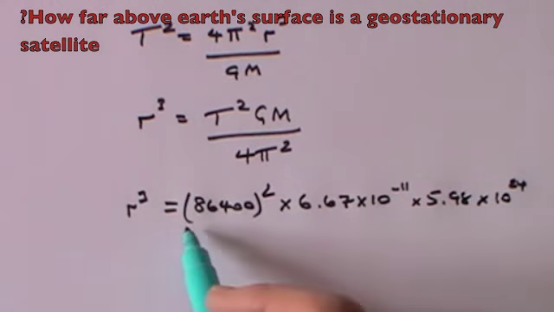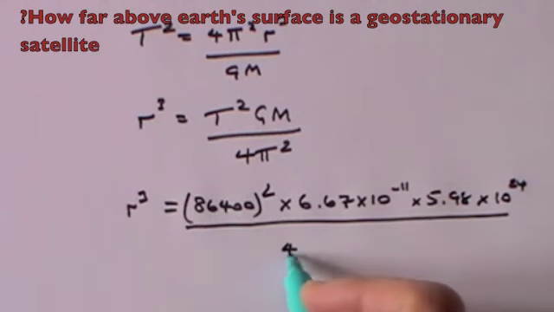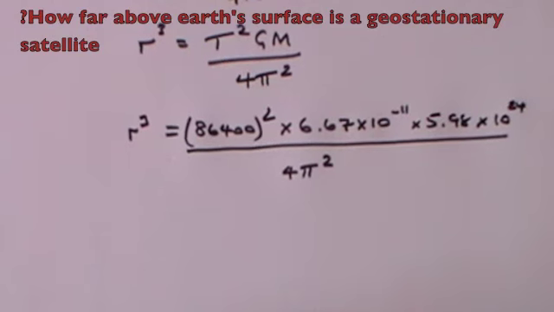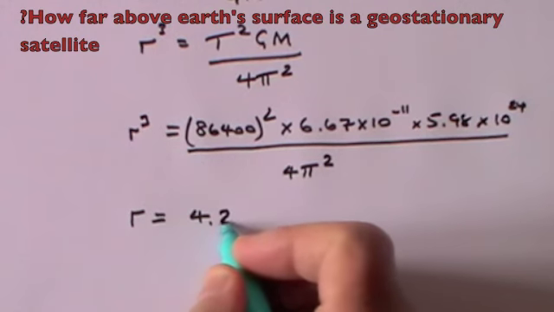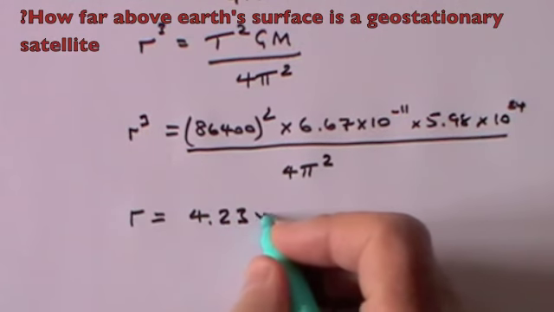And that is all going to be divided by 4 pi squared. And if you put that into the calculator and take the cube root, then you'll find that r is equal to 4.23 times 10 to the 7 metres.